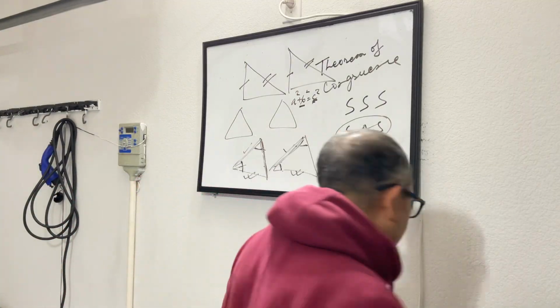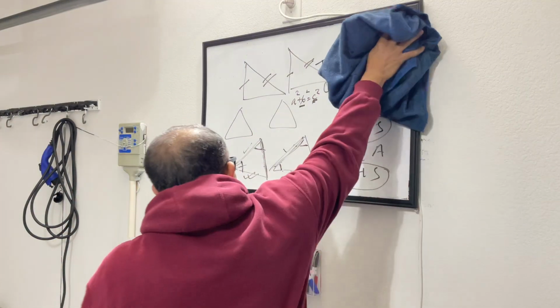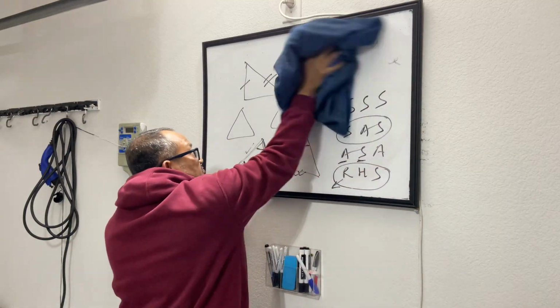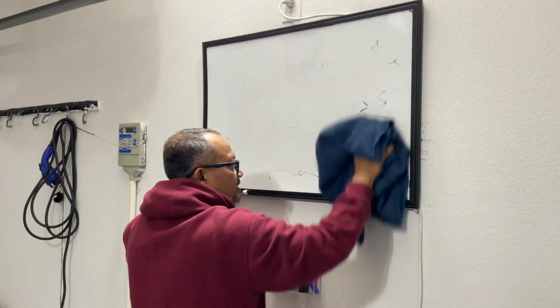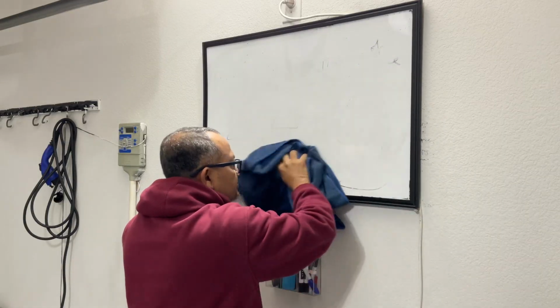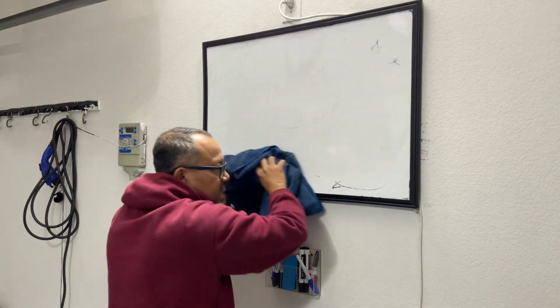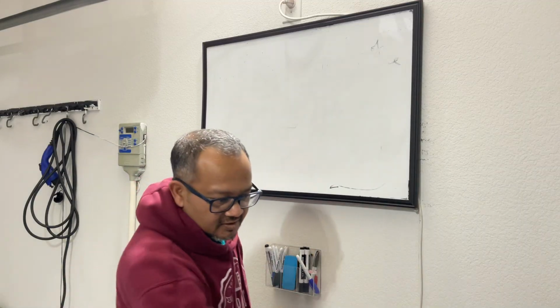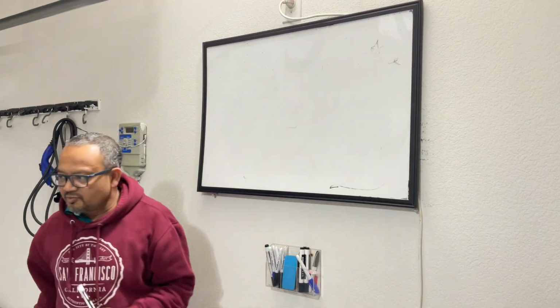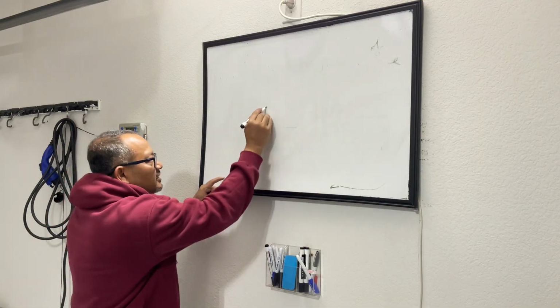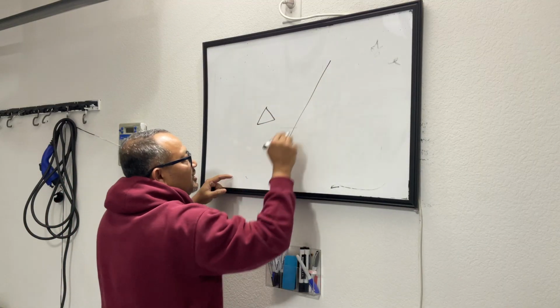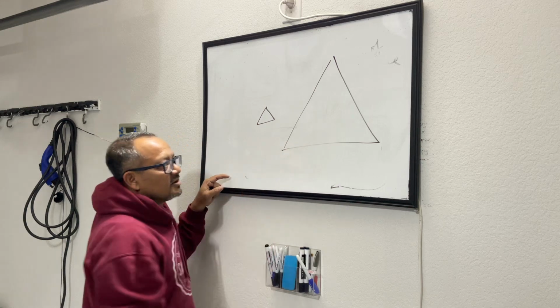Now the next concept is around similarity. What do you mean by similarity of triangles, if you recollect? Don't they have the same angle? Same angle, zoom in, zoom out. Okay? You take a triangle, zoom in, zoom out.